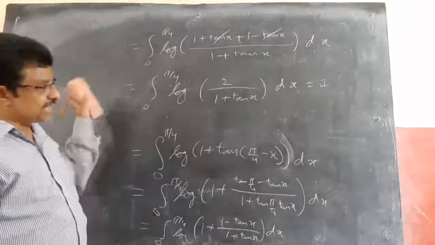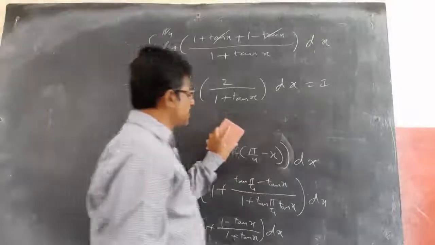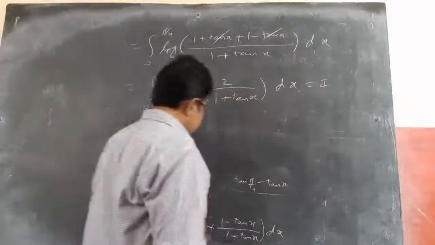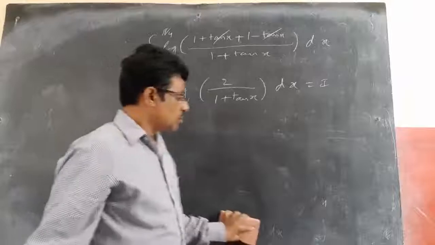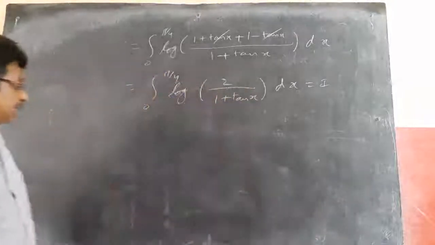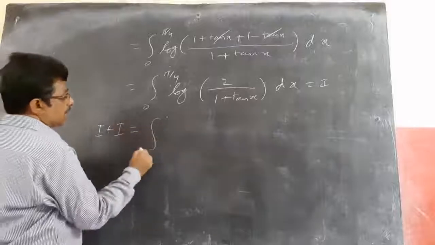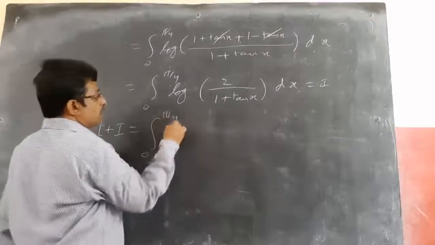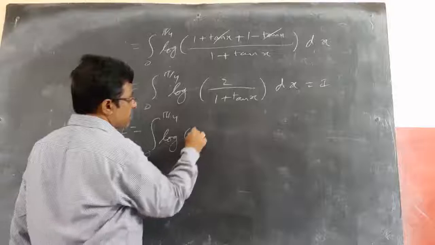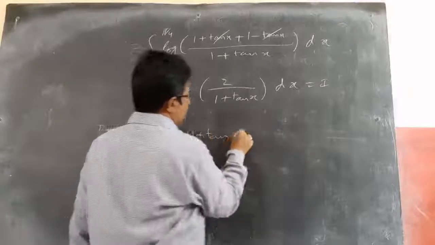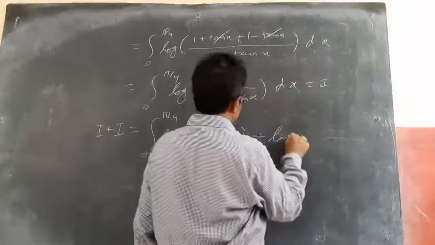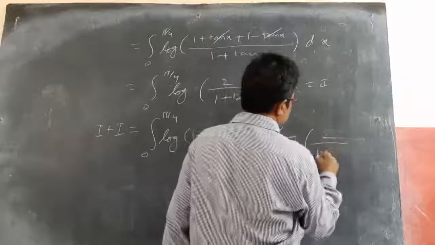Now adding first I and this I, the same procedure we will do. What do we get? I plus I equal to. So always in these sums we will take I plus I. I plus I equal to integral of 0 to pi by 4, first I is log of 1 plus tan x and second I is plus log of 2 by 1 plus tan x.